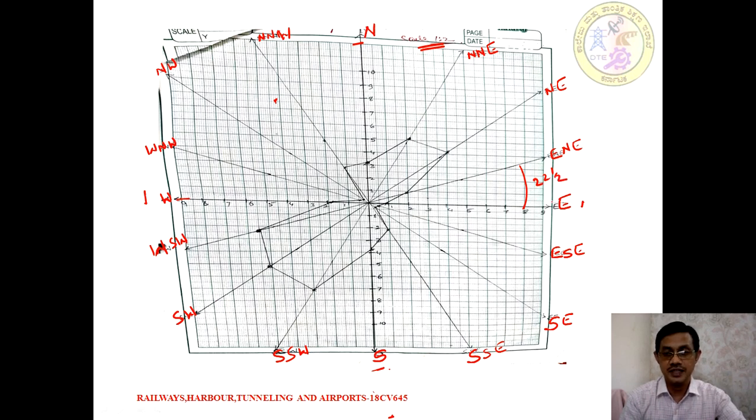For example, in the northeast quadrant, as it is near to east, we can name it east northeast. Similarly at 45 degrees, that is northeast, north northeast, then similarly north northwest, northwest. Like this, try to completely mark all 16 sectors on the graph sheet.